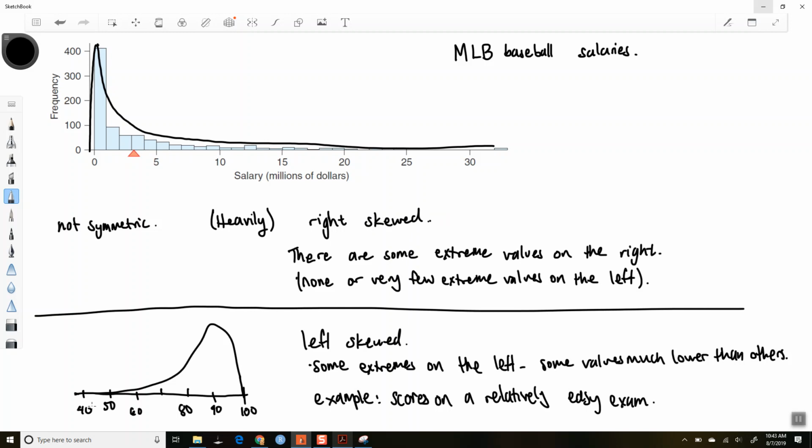And so the 30% is much, much, much lower than the average, okay? And that's going to count as an extreme value on the left, on the lower end, whereas you don't have the same phenomenon happening on the right end, okay? And so that would be left skewed. Okay, is that good?